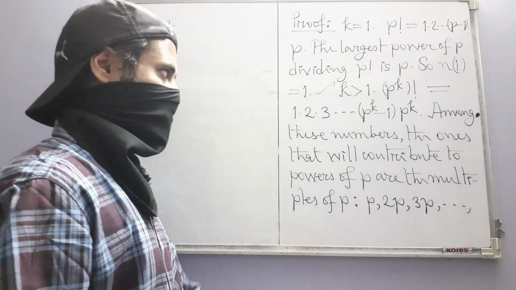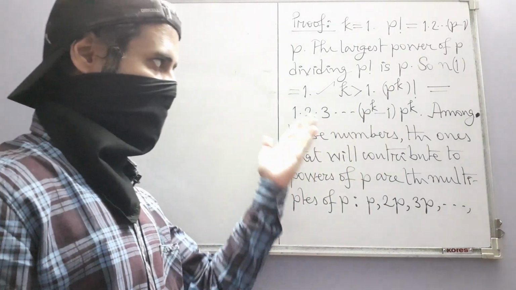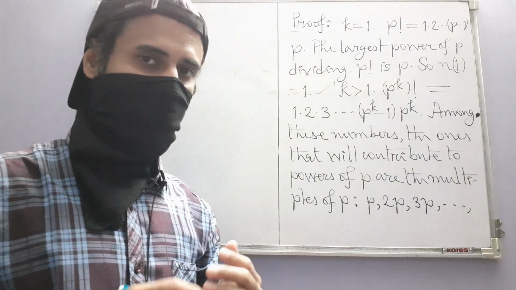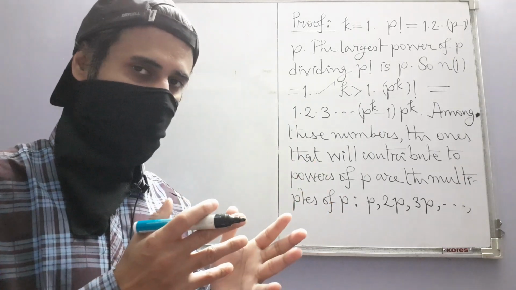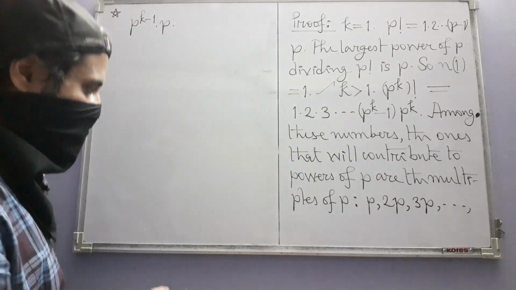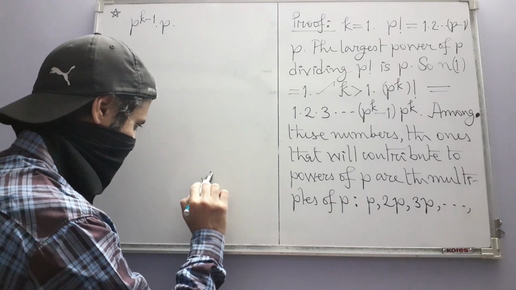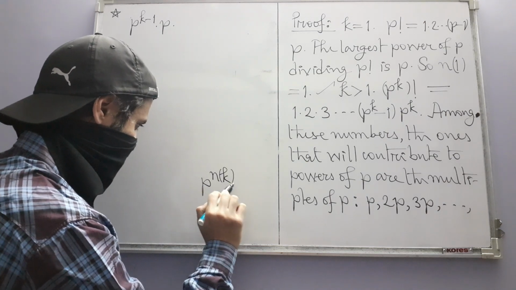So when we say that this product or this factorial is divisible by some power of p, in fact we know what that power is. Theoretically, that power is this.